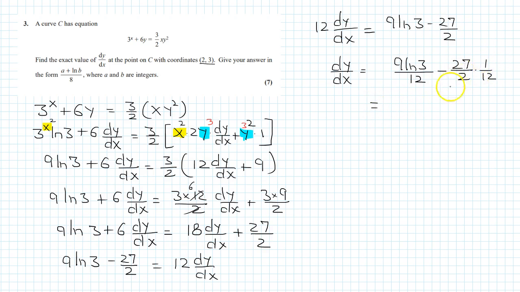So that is equal to, now we multiplied by 2 and multiplied by 2. So this is 24. This is 18 ln 3 minus 27.